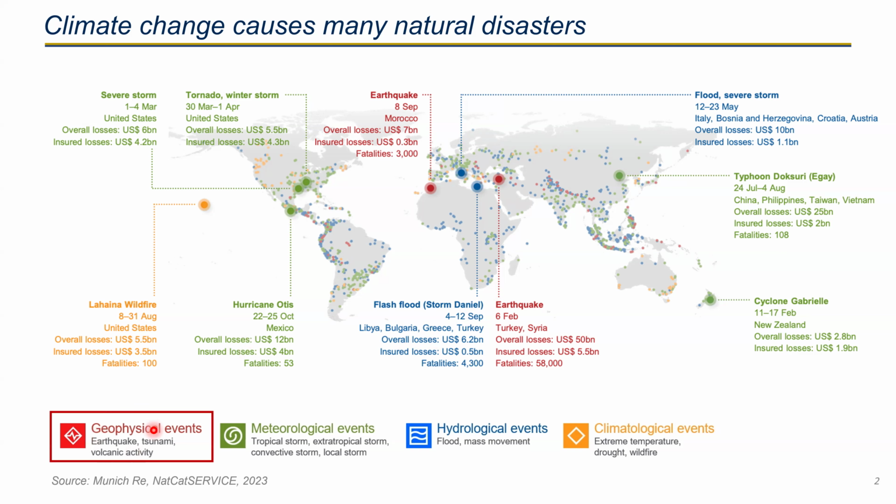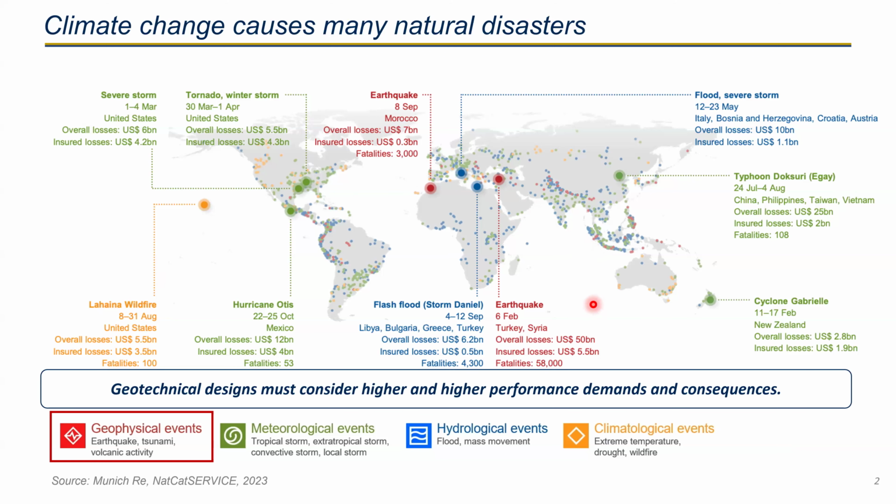The first one, geophysical events like earthquakes, and meteorological events like storms, and hydrological events, and climatological events. But if you focus on the red one, which is the geophysical events, you can see that there are many seismic events occurring along the fault.